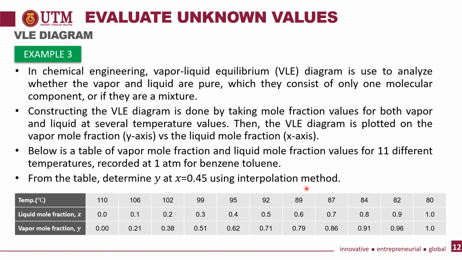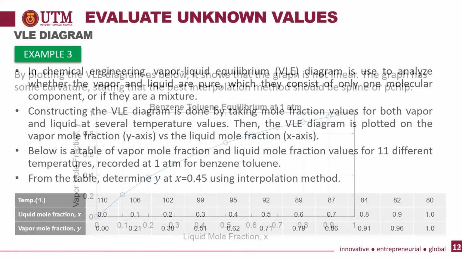Here, the question already describes what data you need to put on the x-axis and what data you need to put on the y-axis. On the x-axis, you need to put the liquid mole fraction, and on the y-axis, you need to put the vapor mole fractions. So what you need to do is determine the value of y at x equal to 0.45.